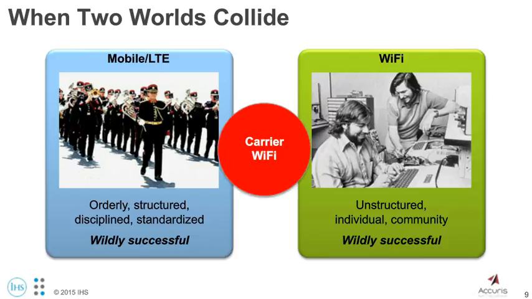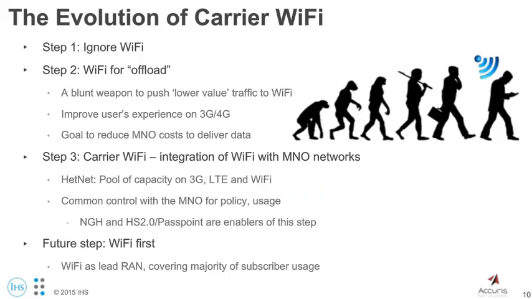There we go. So we've seen a little evolution, as I mentioned. 5-10 years ago, a lot of service providers were ignoring Wi-Fi. It was something like, this is outside the scope, it's outside the 3GPP, it's not something I need to worry about, I'm just going to set it aside for now.